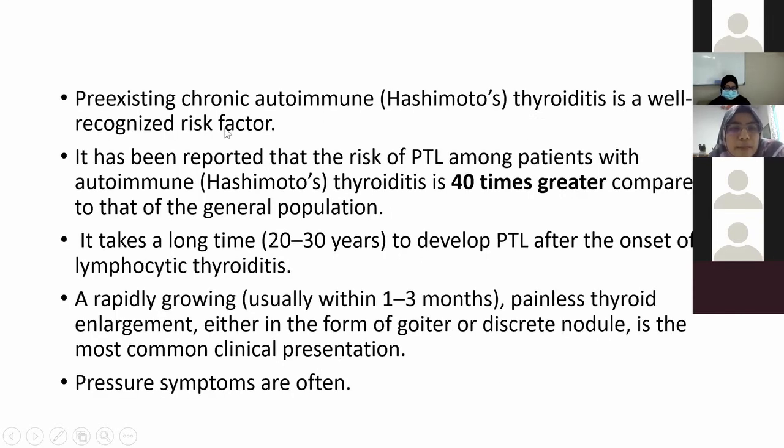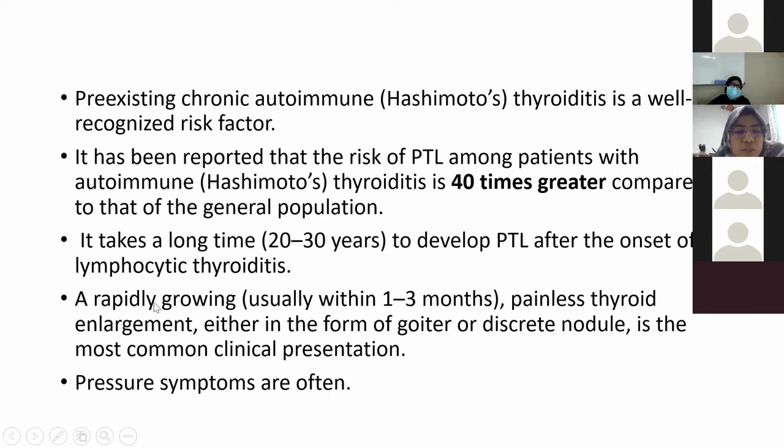The pre-existing factor is Hashimoto thyroiditis, as mentioned by Dr. Mukarramah just now, and it has been reported that the risk of primary thyroid lymphoma among patients with Hashimoto thyroiditis is about 40 times greater compared to the general population. It takes a long time, about 20 to 30 years, to develop primary thyroid lymphoma after the onset of lymphocytic thyroiditis.